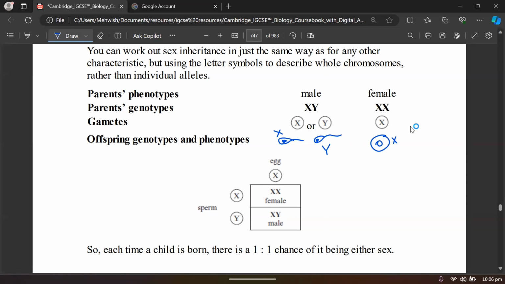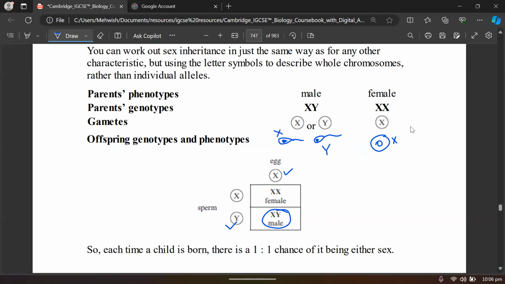She's going to produce all the eggs with the same chromosome, the X chromosome. But for example, if an X carrying sperm fertilizes the egg, a baby girl is going to be produced. And if a Y carrying sperm fertilizes the egg, it will produce a baby boy, or a male individual.